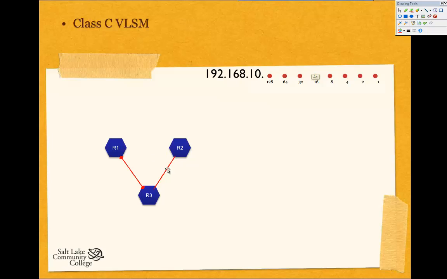So we have our routers connected, and then we're going to draw a couple of network segments. We have a network segment over here, and one over here, and we have one down here.